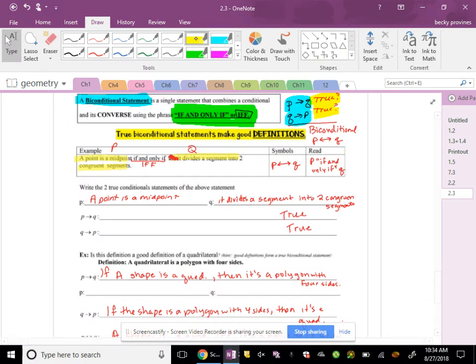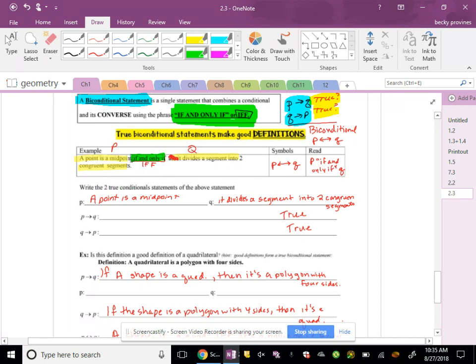So this next one that I already have highlighted. Now I want you to notice, does it start with the word if over here? It doesn't. All right, so that's another major hint. But the first part is the P. It says a point is a midpoint if and only if it divides a segment into two congruent segments.